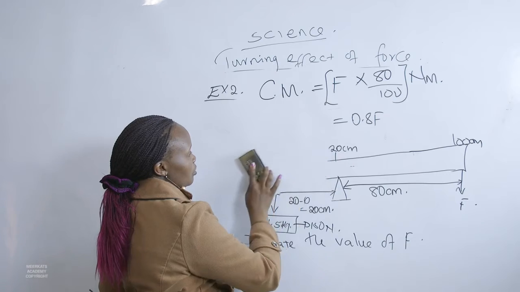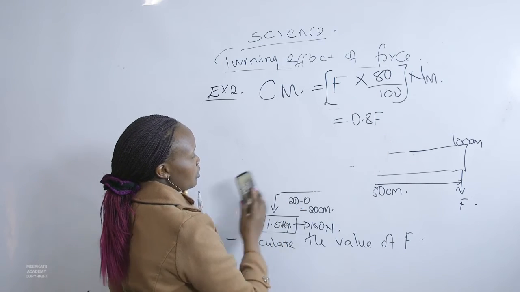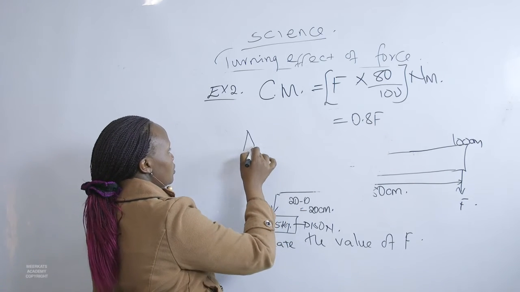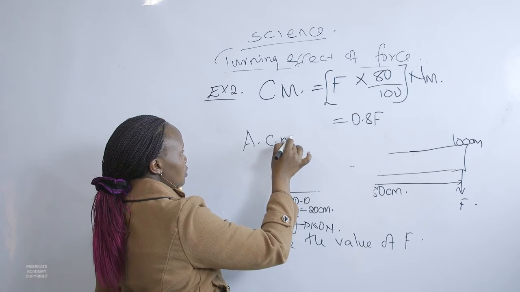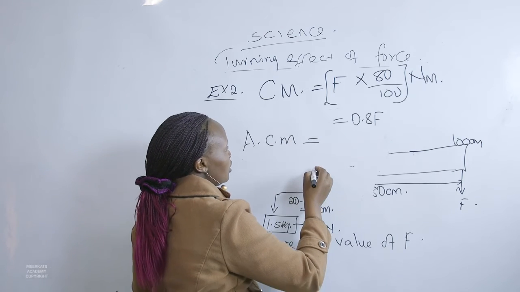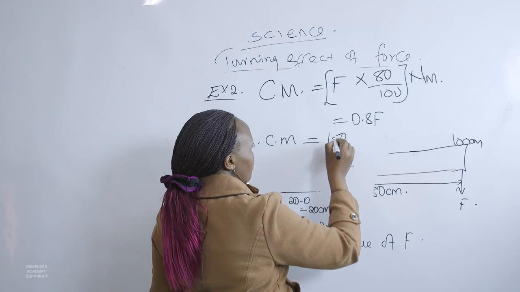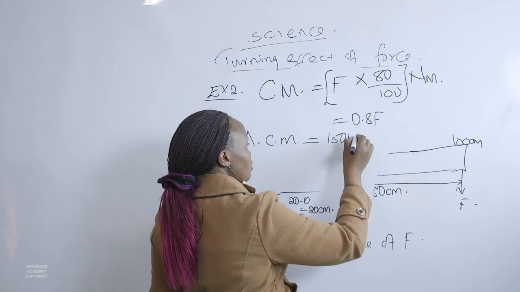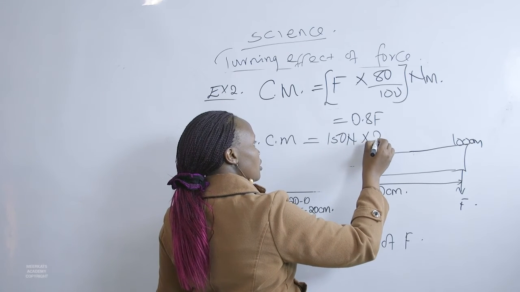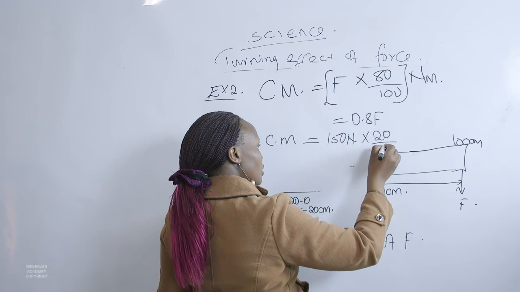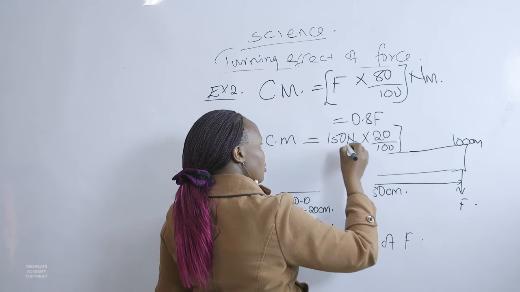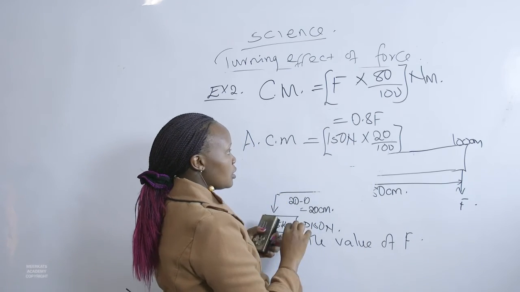And the anti-clockwise moment is given by 150 newtons multiplied by 20 over 100 to make them meters.